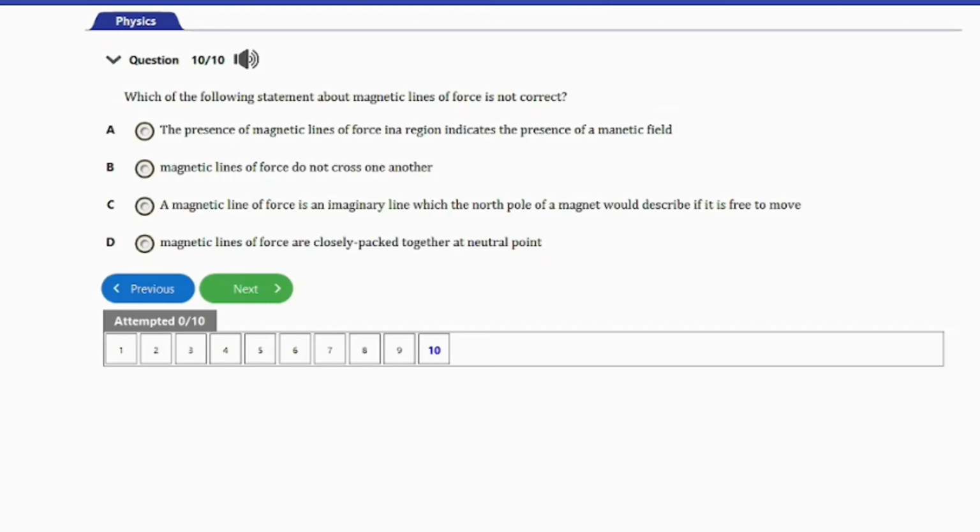And then D. Magnetic lines of force are closely packed together at neutral points. So guys, the answer to this question is option D here. So that's the odd option here, and that's the only statement about the magnetic lines of force that is not correct here.